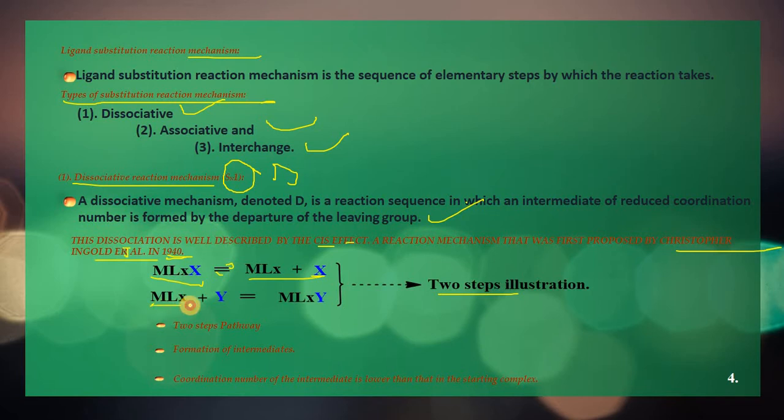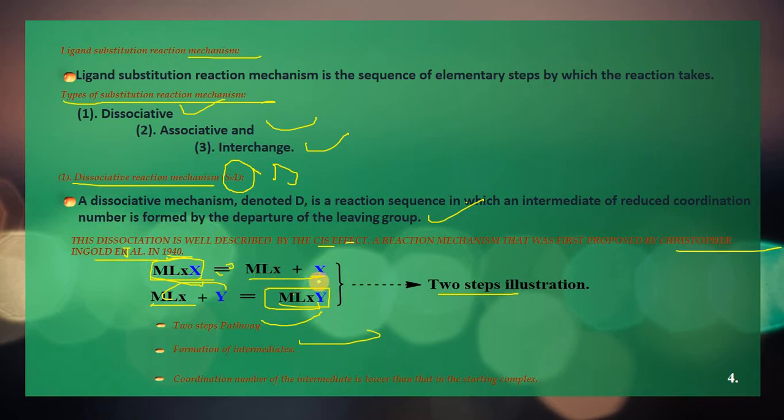When the ligand leaves the complex, it forms an intermediate. Then another ligand tends to enter, associating with the complex, giving rise to this. So we can see this is quite different from this. The product is different from the starting point. Like I said, it is a two-step reaction, with formation of an intermediate.